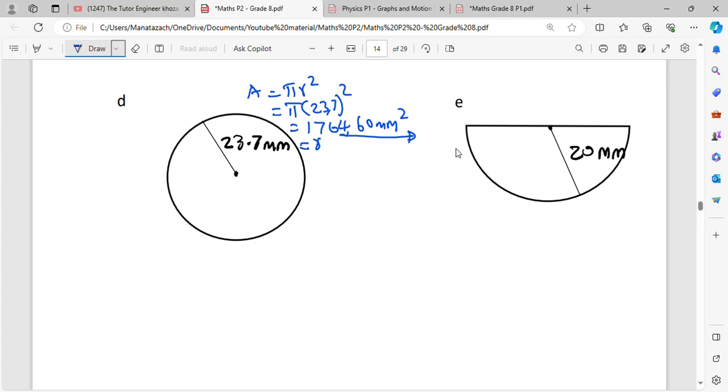Now let's go to question E. Question E is a bit unique. You are given the radius of 20 millimeters, but now this is a semicircle. It's not a full circle.